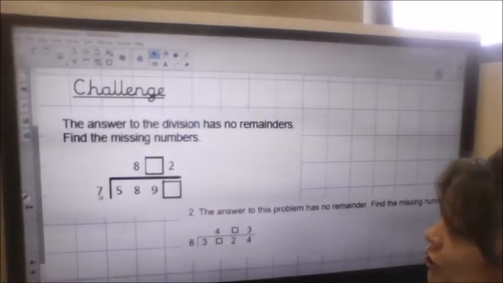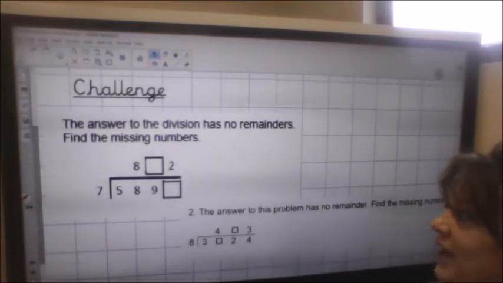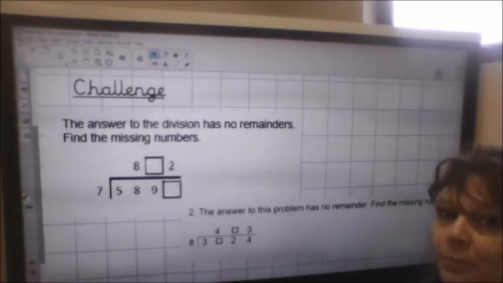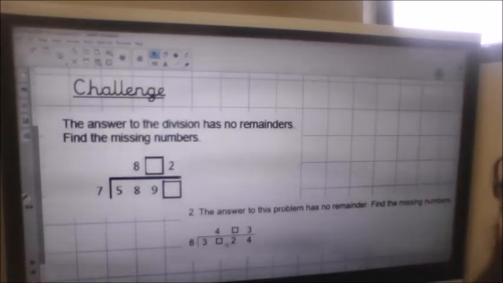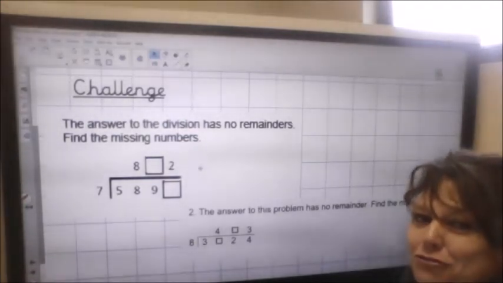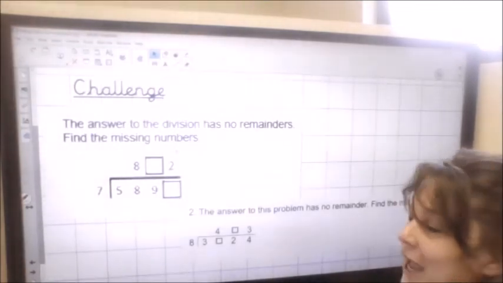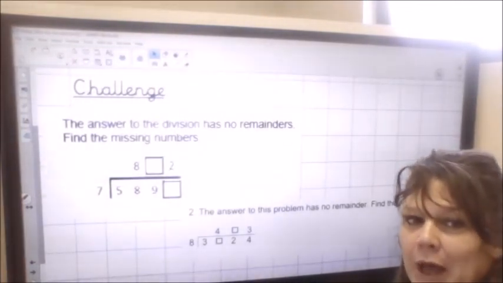Okay, you've got to divide the number, find out what is that missing digit there and what's the missing digit there. Okay, that will complete the number. Okay, and then you've got the answer to this problem has no remainder. Find the missing numbers here. So have a little go. These are a little bit tricky. Okay, but I am sure you're going to be able to do them really, really well.